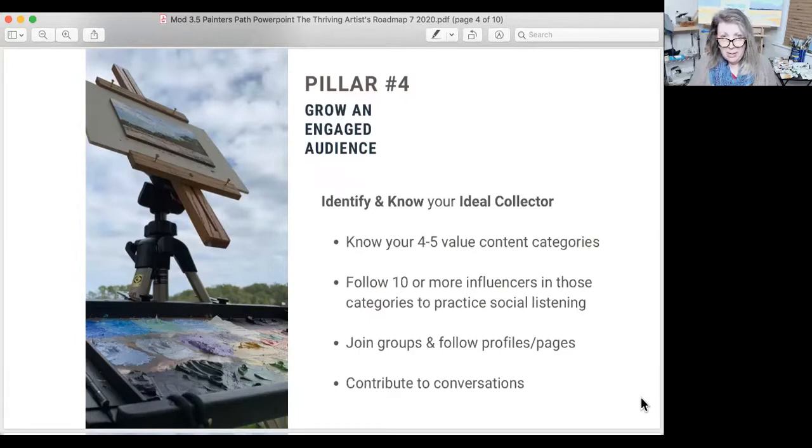This is the part that I really wanted to go in depth on in this lesson, even though we're going to do it again in Module 5, because I think it's an important part for you to understand about how you attract those ideal collectors. There really is a very concrete way to do it. It's not mysterious and it's not magical.